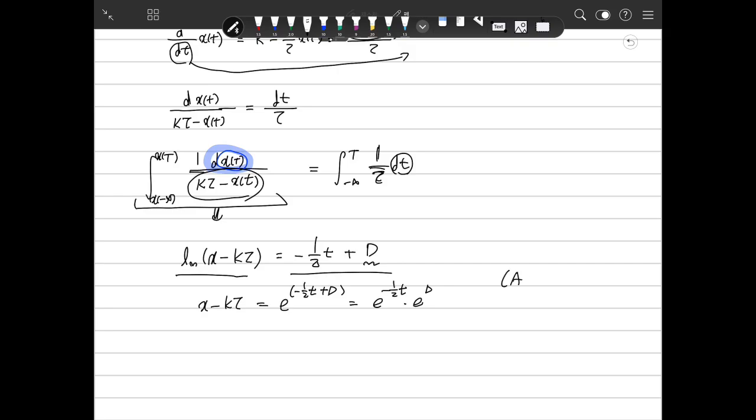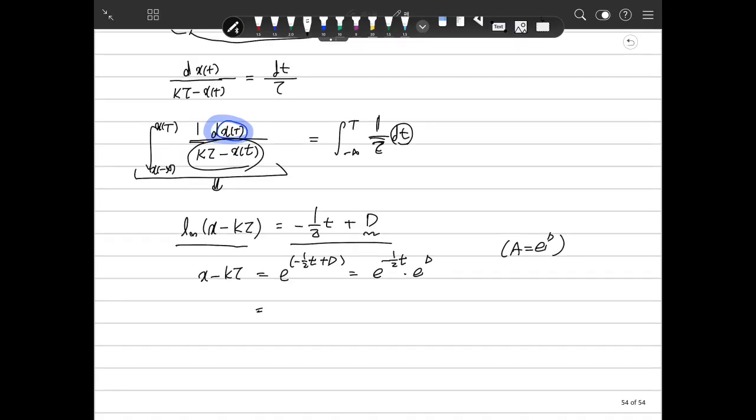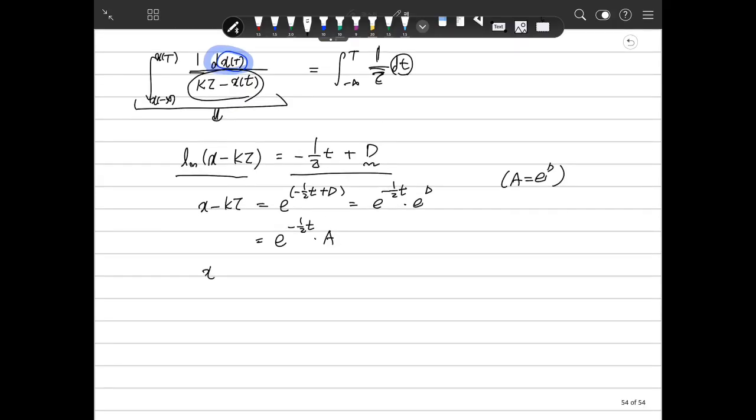We change a to exponential d, so x will be k tau plus a exponential minus 1 over tau t.